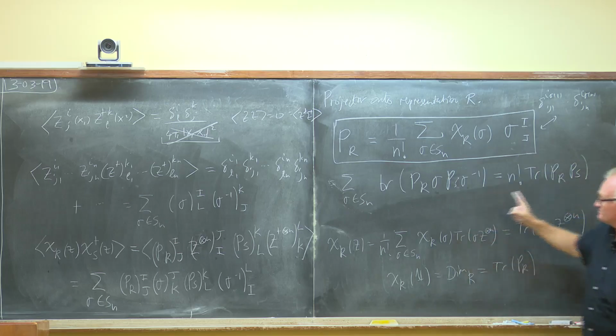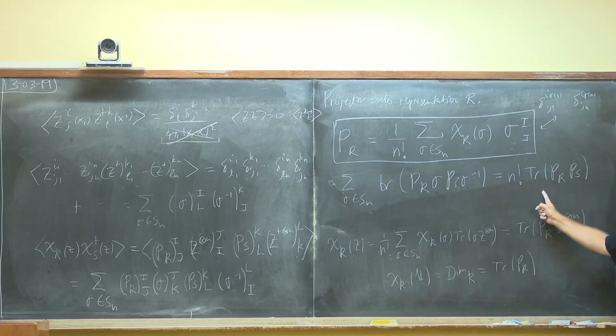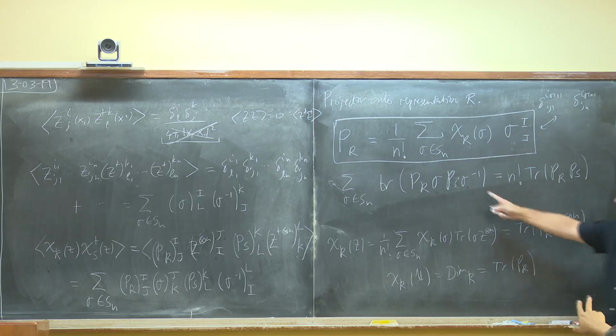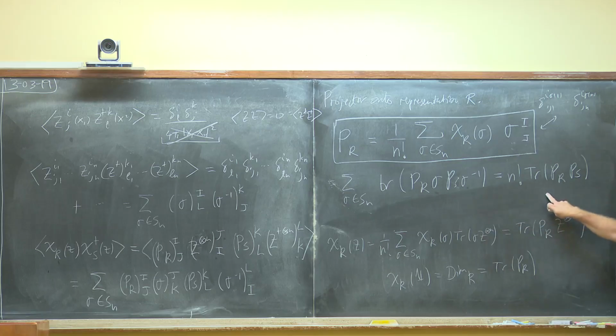So in that step, I summed over all contractions. Sigma commutes with this one because of the group Sn, because it's a projection operator. So in this step, we summed over all ribbon graphs. If little n was order n squared, you summed n squared factorial graphs using the projectors.